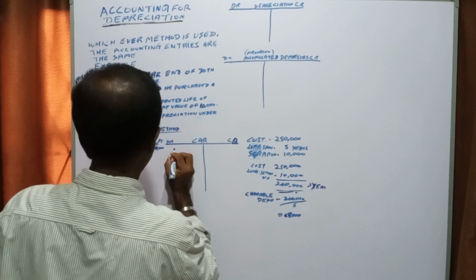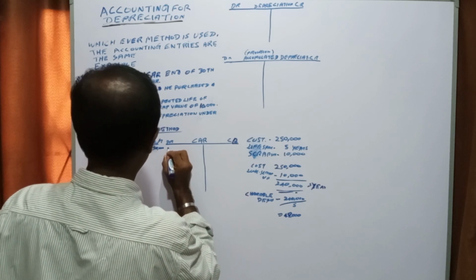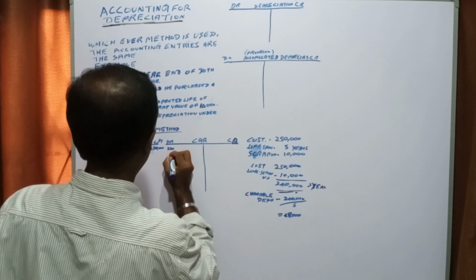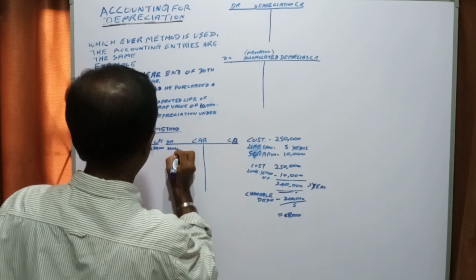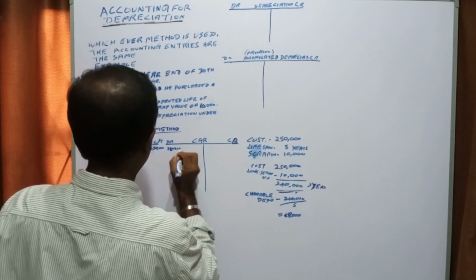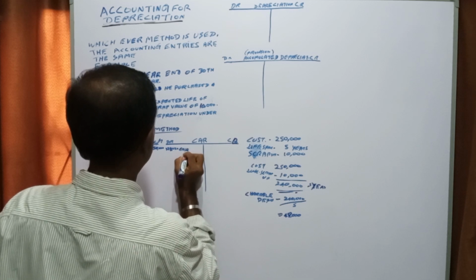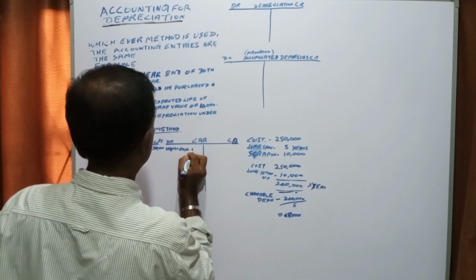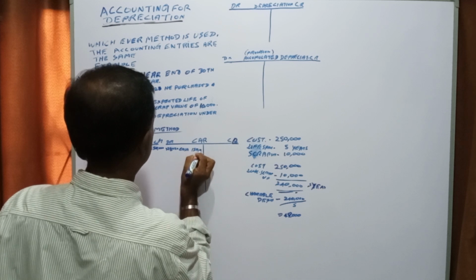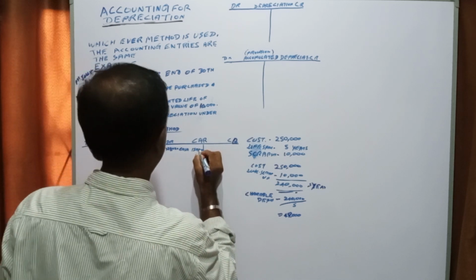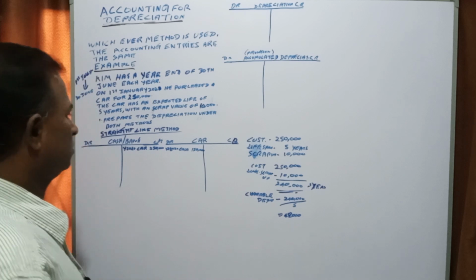Car account debit 250,000 in 2020, and here cash credit 250,000.